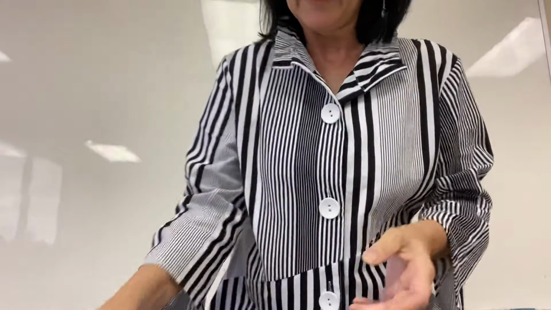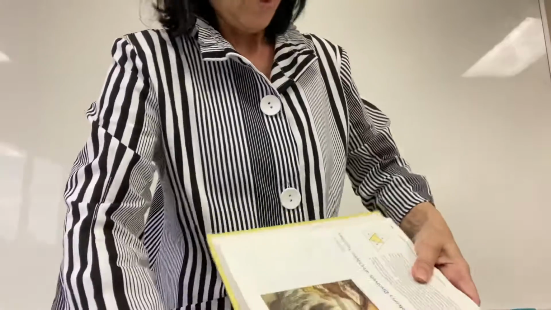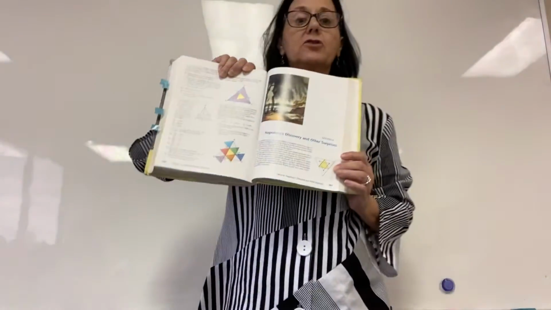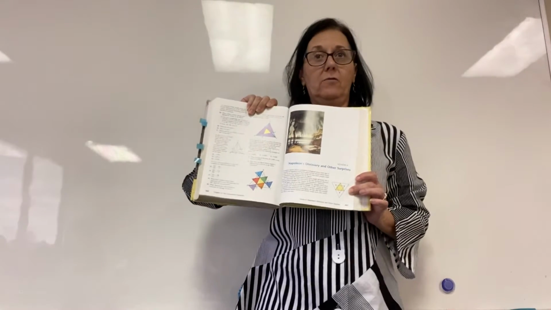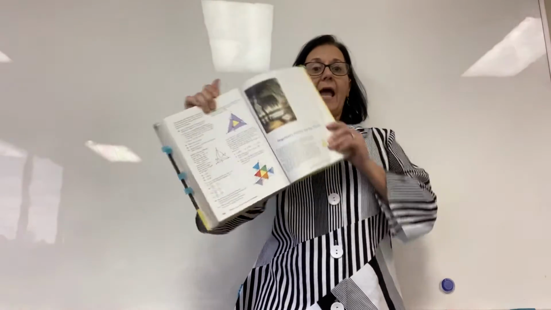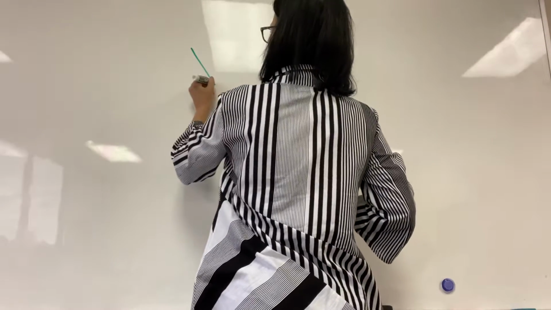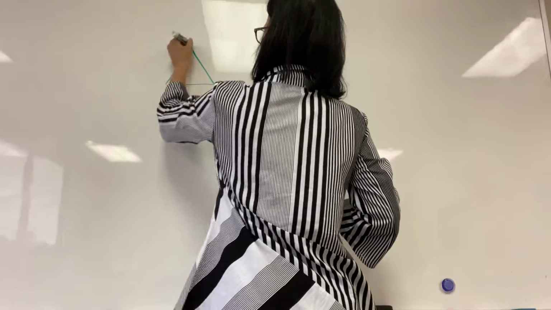All right? So if you look at the image on page 561, and you start with the yellow triangle, and make that yellow triangle an equilateral triangle. So the triangle in the middle is equilateral, and that's what you begin with.